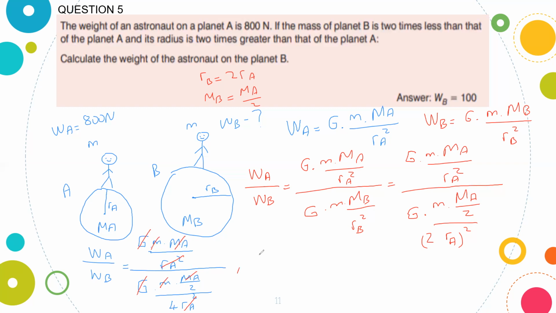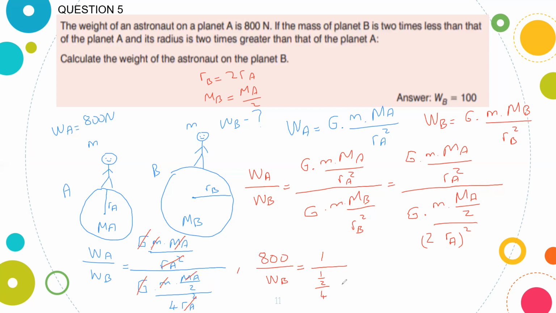People, W A we know already, it is 800. So we can write 800 for that. 800 over W B equals, what is left on top? Nothing. It means we can write 1. Please don't write 0 by mistake. 1 left. And then here, 1 over 2 over 4 left.